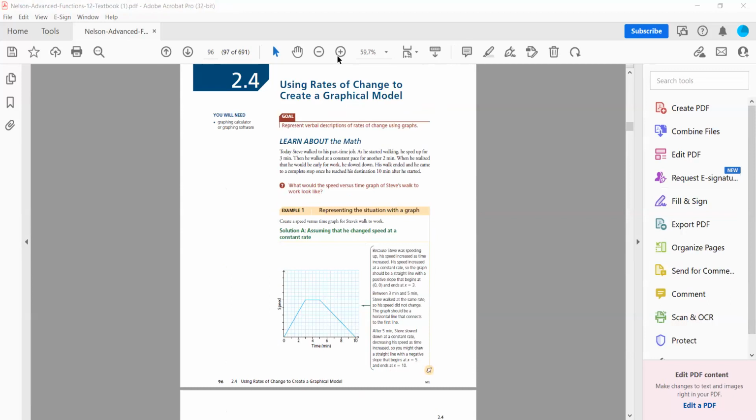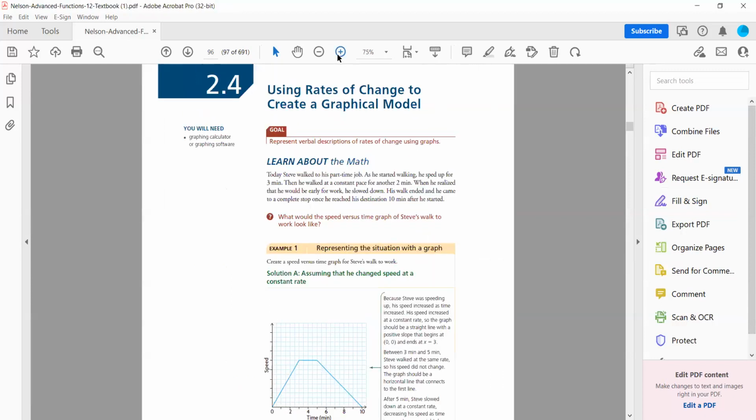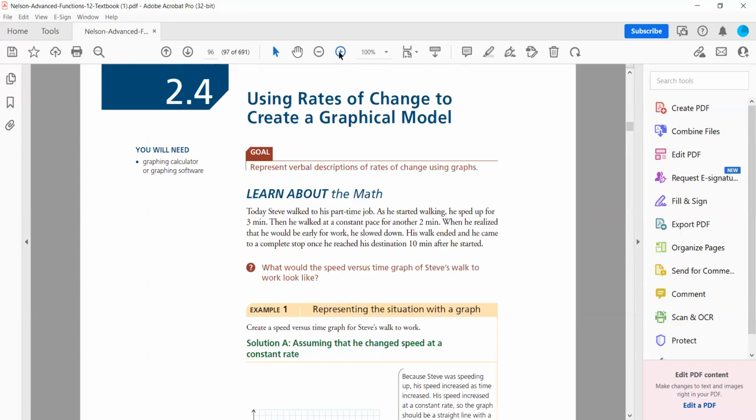I suggest we practice on using rates of change to create certain graphical models. In a previous class, let me start from the beginning. It's going to be recorded, so you want a smooth cut.